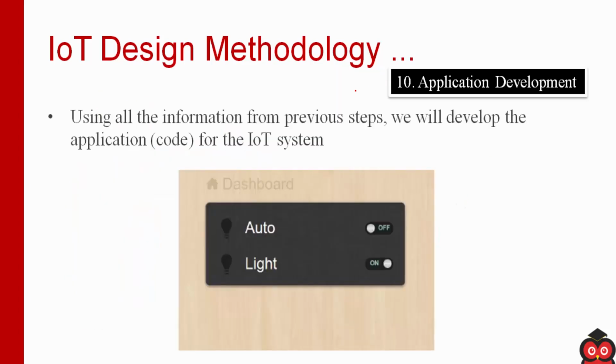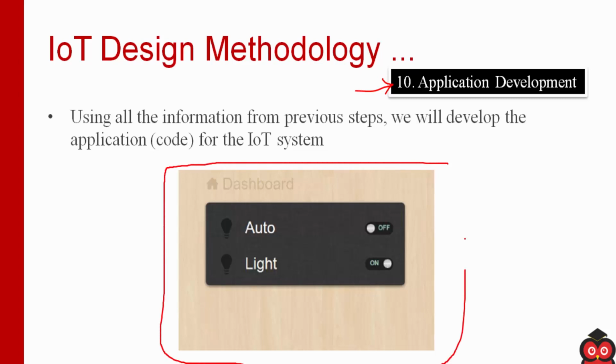And the last step is developing the software. Okay, in the previous step you have connected the hardware, and in this last step you will be developing the software or application. So this is the interface of the application, web application. Okay, so the user will have two options. One is to choose mode, either on or off.